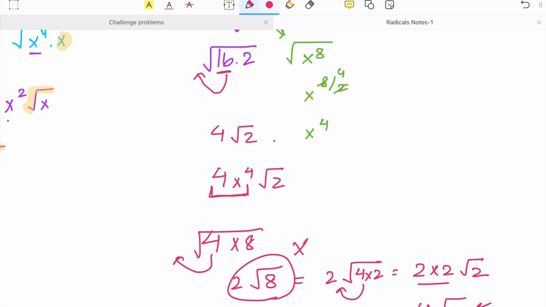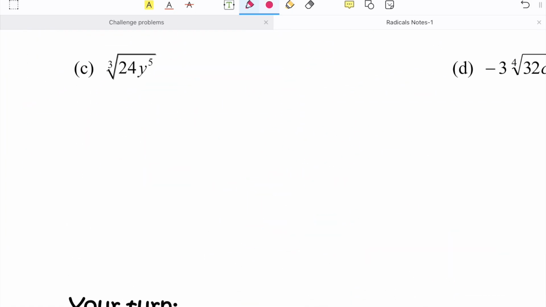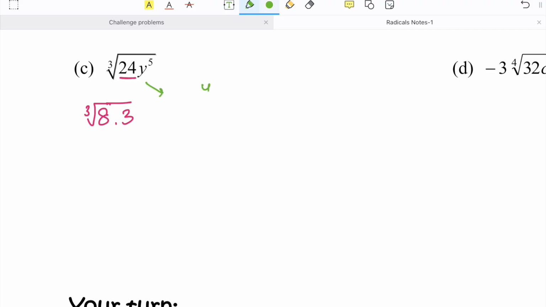Yeah. Okay, next question. We have cube root of 24. We need to look at perfect cubes this time. 24 can be split into 8 and 3, and then cube root of y to the power of 5 will be what?